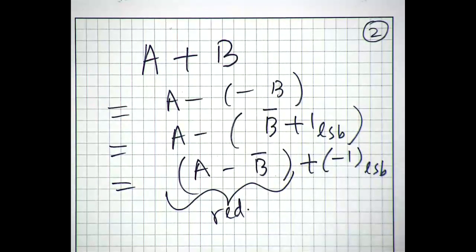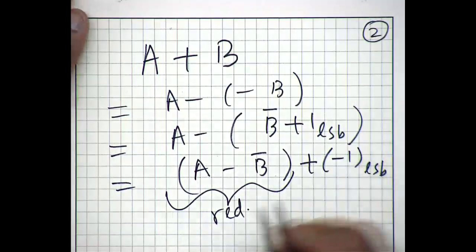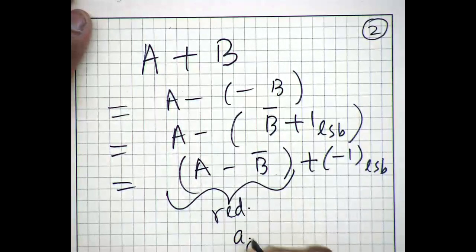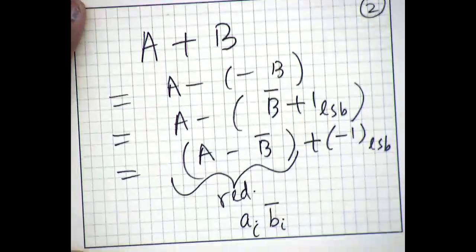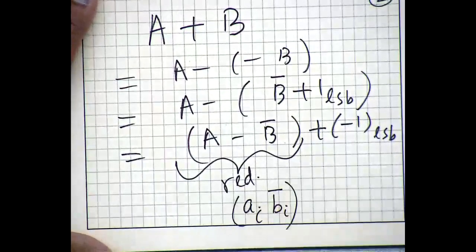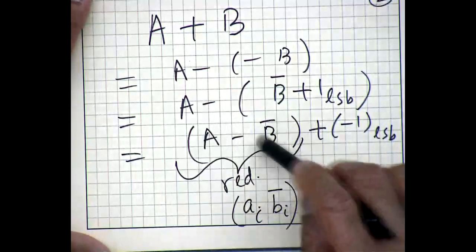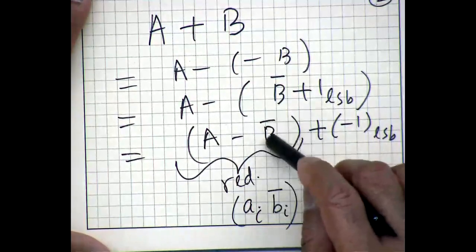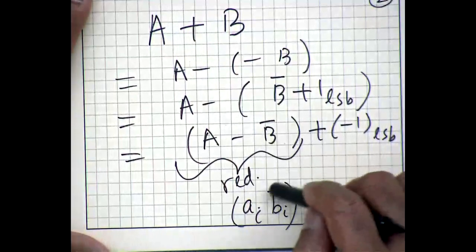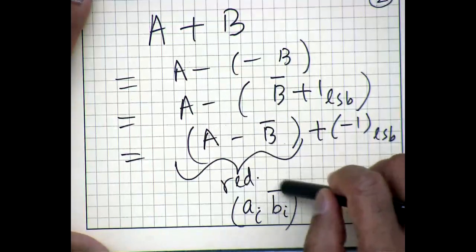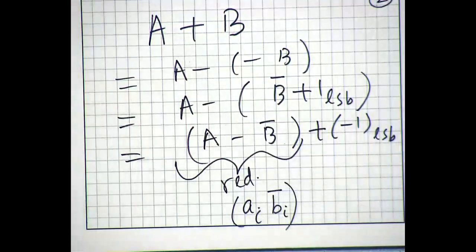So that's really how we can compute. So the redundant number here can be interpreted as AI, BI bar. So each digit can be thought of as the ith digit of A and the complement of B, thought of as a negative.